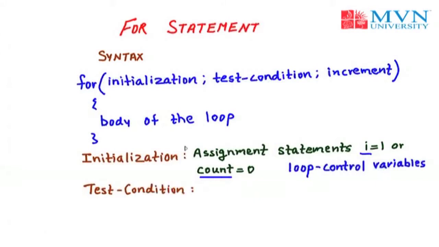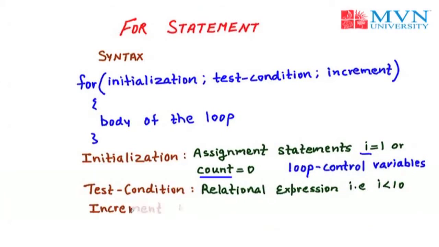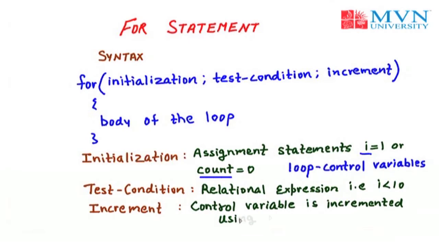The test condition is a relational expression such as i is less than 10. The third parameter is increment. In this, the control variable is incremented using assignment statements.